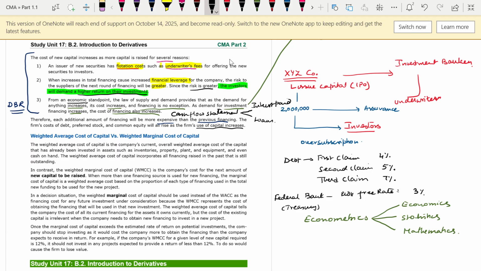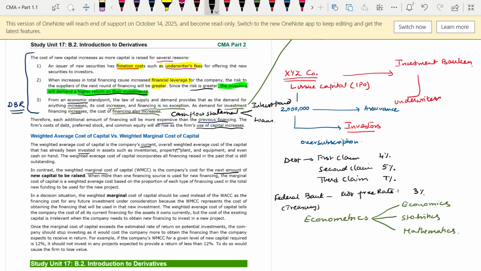The weighted average cost of capital is the current overall weighted cost of capital that has already been invested in the assets. Whereas the weighted marginal cost of capital is the cost of the next amount, the future, of new capital when more than one financing source is used for new finance.